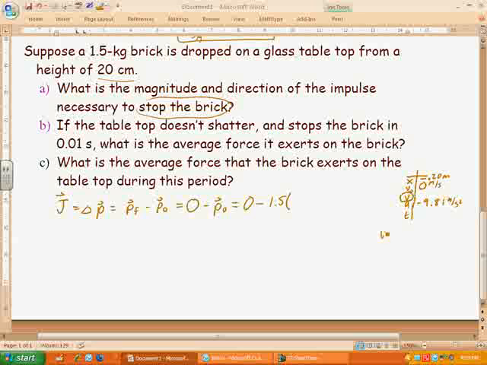There's an equation that is v squared equals v naught squared plus 2ax. Let's solve for the final velocity: 0 squared plus 2 times negative 9.81 times x, which is negative 0.2.